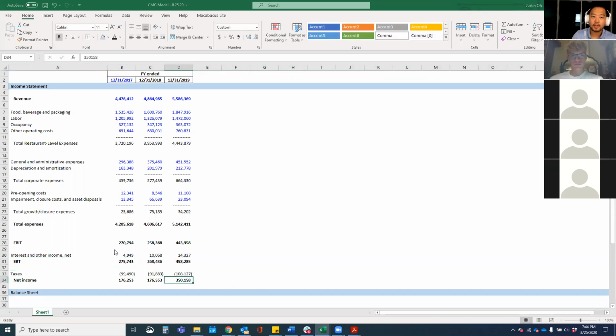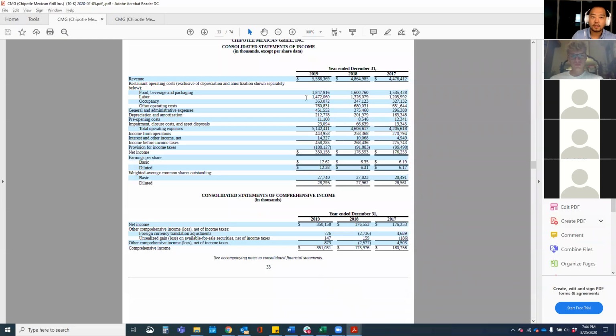One thing to look out for is that a lot of times everything here will be positive numbers, which implies that revenue minus all these equals this number, right? But then for some reason they flip it, and they make the income tax number, or they flip it below EBIT.